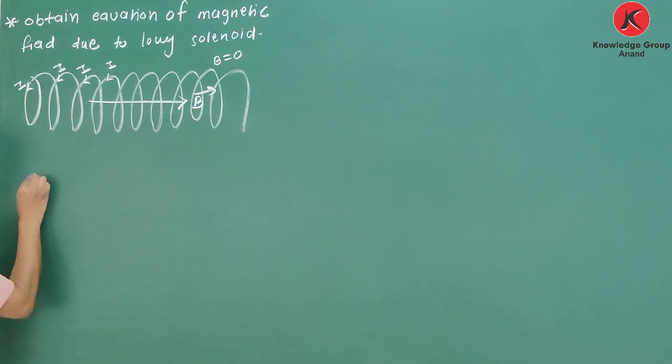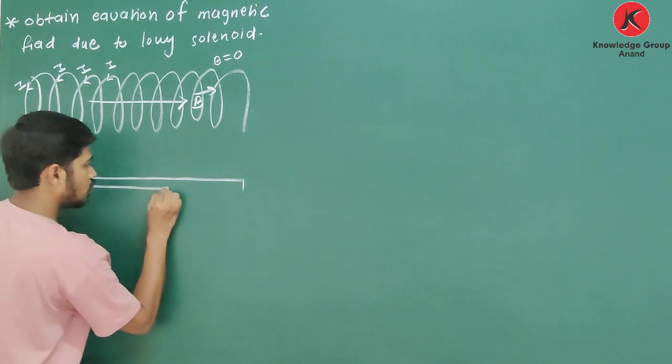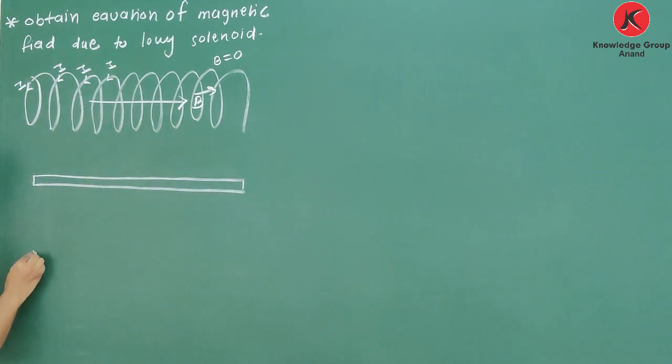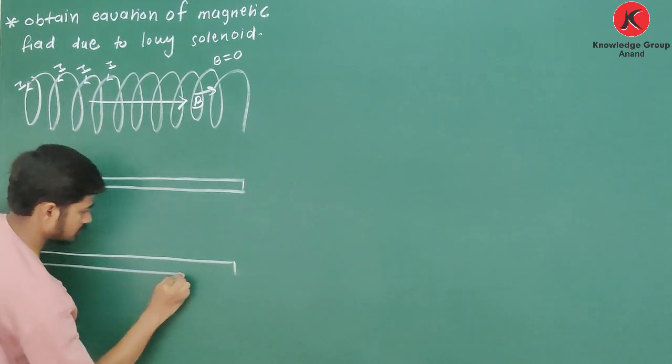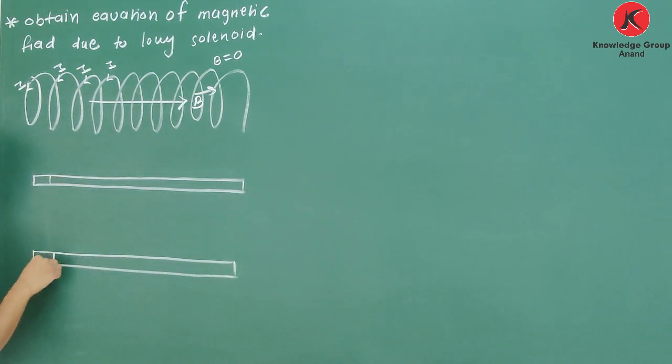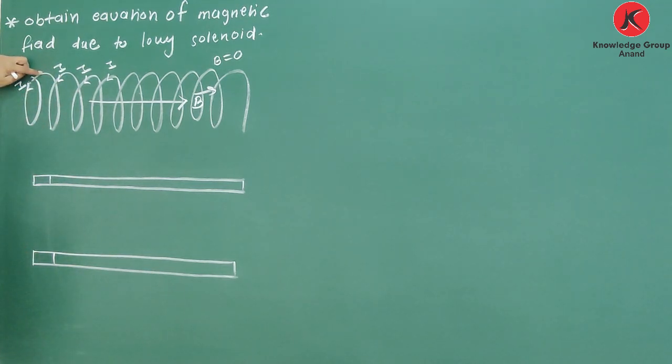See, the cross section of this solenoid. Here it is. See, current is flowing like this. It means from this upper end it is coming outside, and from this side it is going inside. Yes or no?